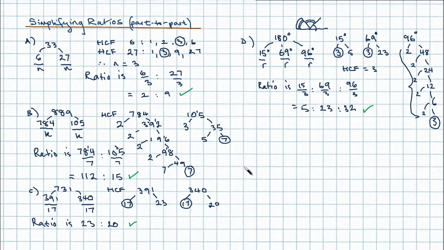Okay, so lastly, what if we had a problem like this? So let's say, instead of working it out in the same way as we've just done, I'm just going to write down a ratio here now. So this time I've got 1.8 to 1.2 to, let's say, 3.8.